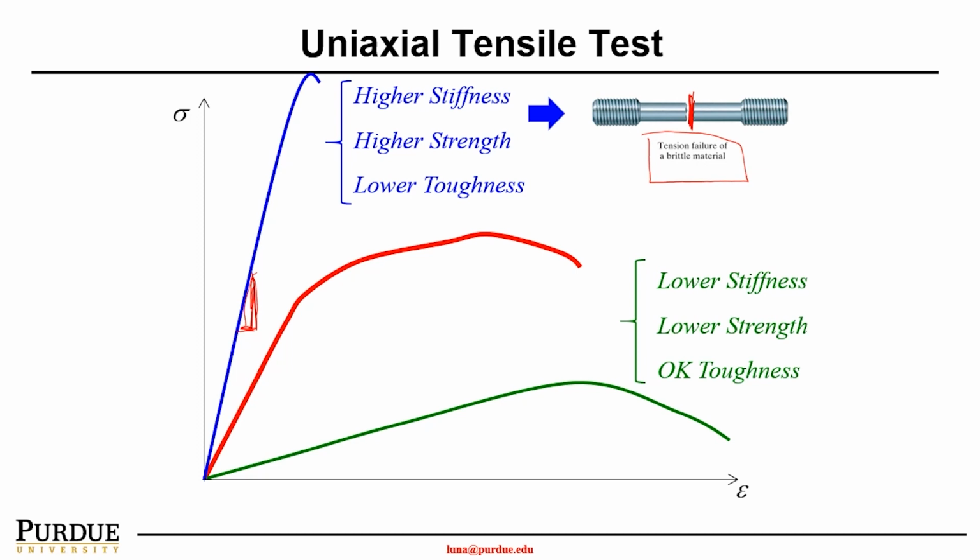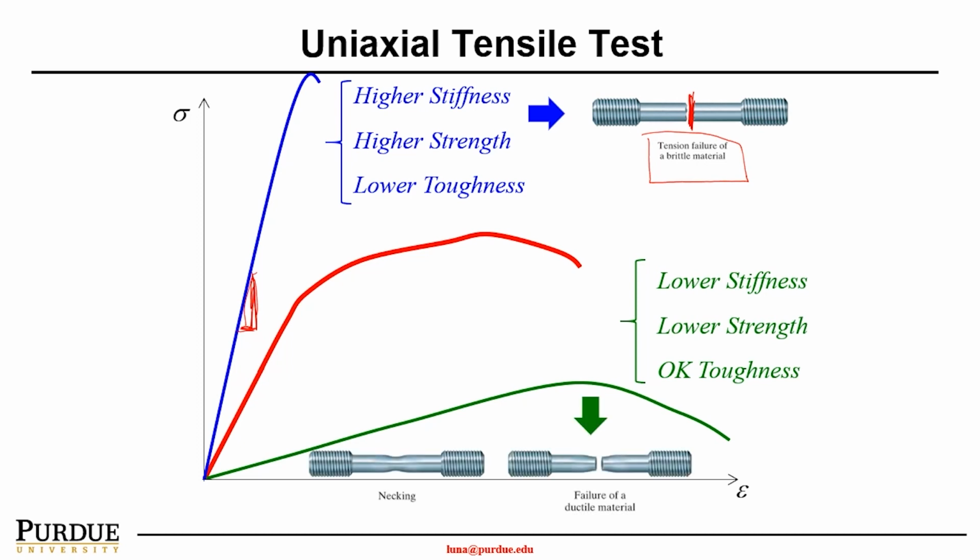On the other hand, I could lower the stiffness, lower the strength, and get okay toughness. For instance, in this case, this may be aluminum.